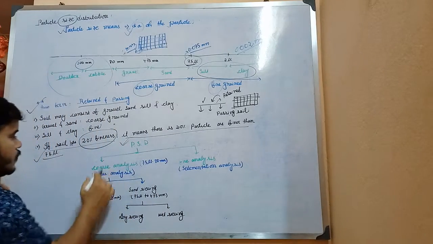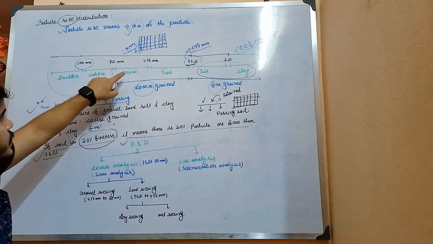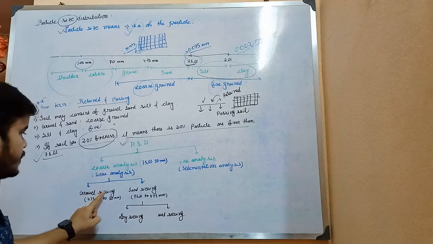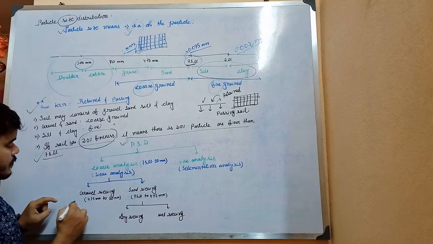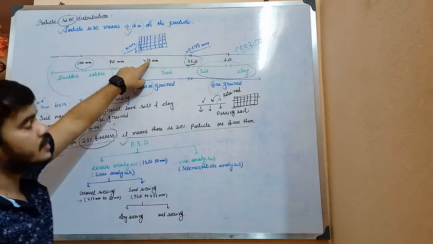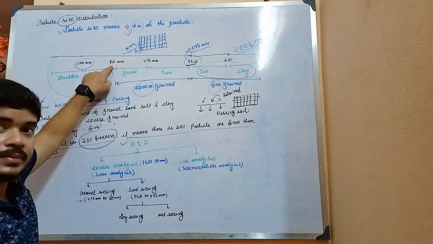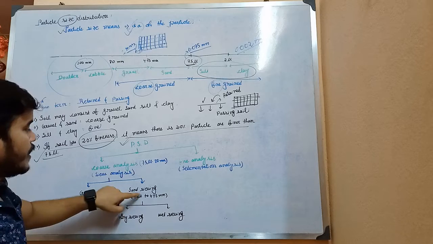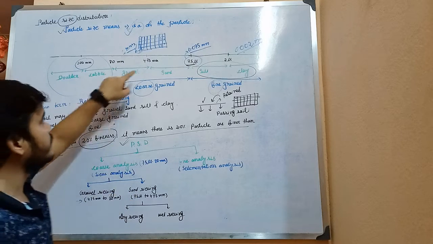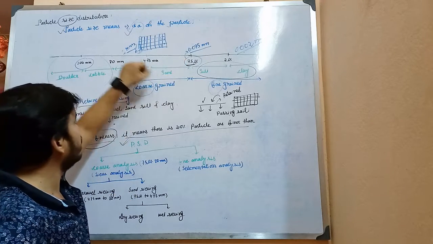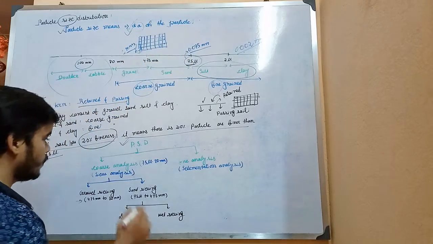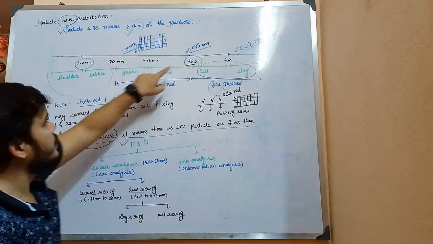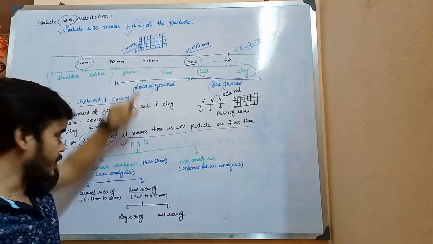For coarse analysis we have gravel sieving and sand sieving. For gravel sieving the size of the sieve will be 4.75 mm to 80 mm, and for sand sieving it is 75 micron to 4.75 mm.